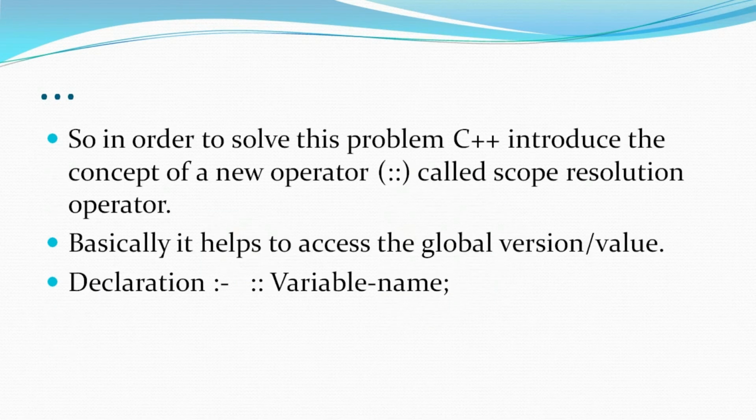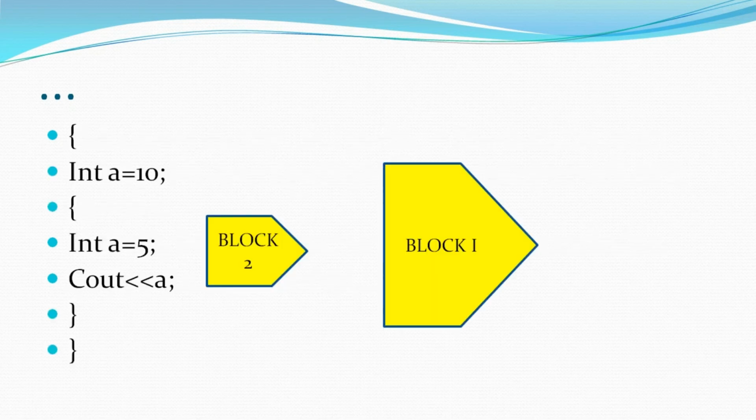In order to solve this problem, C++ introduced a new operator, known as the scope resolution operator. Basically the scope resolution operator helps the program to access the global version of the variable. Here, if we use cout with the put-to operator and the scope resolution operator, then the value printed will be 10 even though a is defined in the second block.